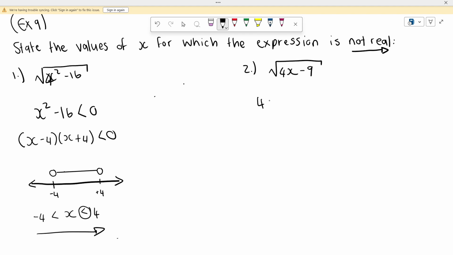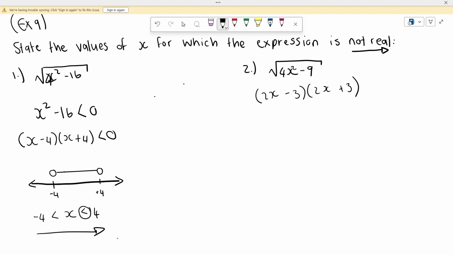Now we need to find where 4x, did I write this down correctly? Let me just double check. Sorry, guys. Oh, it's 4x squared. Okay, perfect. I almost got it right. So now we know that this is still a difference of squares. It's going to be (2x minus 3)(2x plus 3). So we've done this in the previous question.